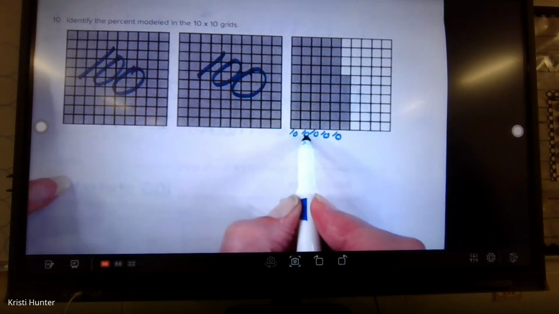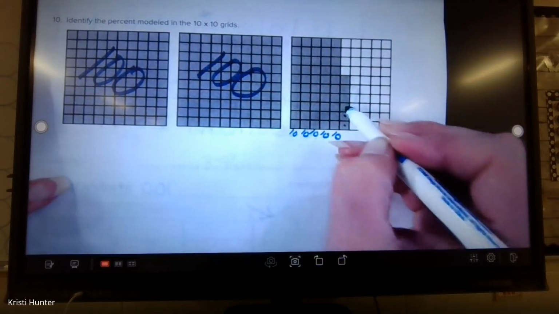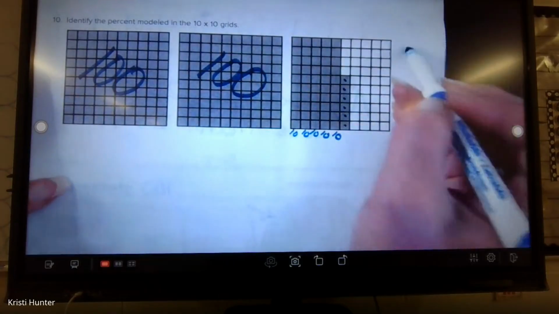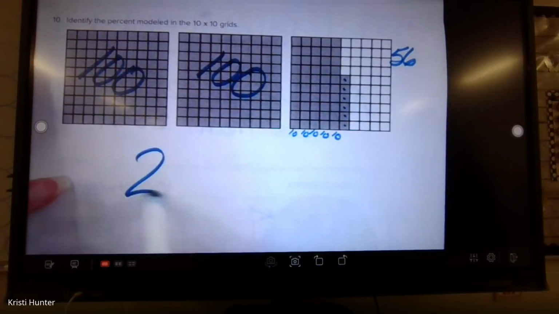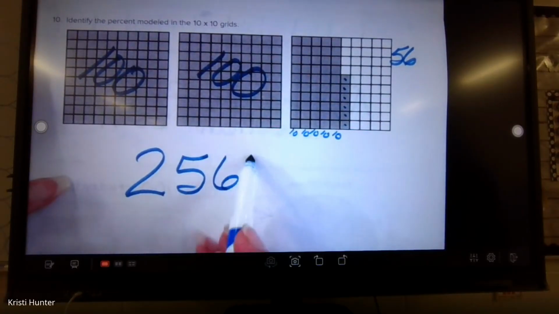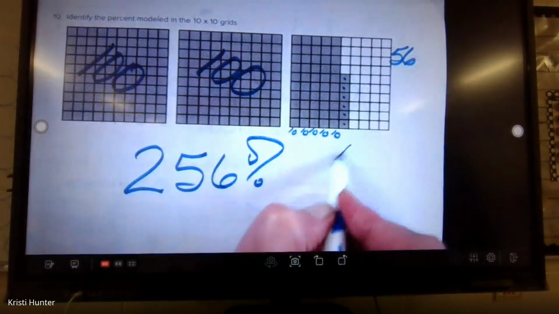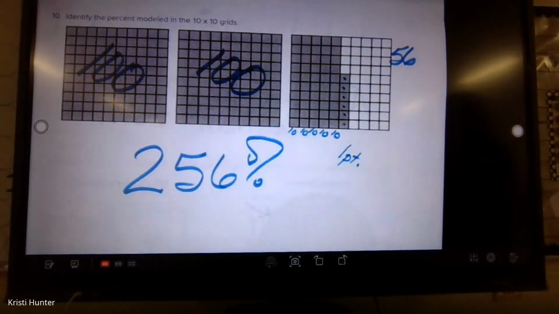So I have 10, 20, 30, 40, 50, 51, 52, 53, 54, 55, 56 in this box. So I had 256% of my 10 by 10 grid shaded. And this will be a 1-point problem as well.